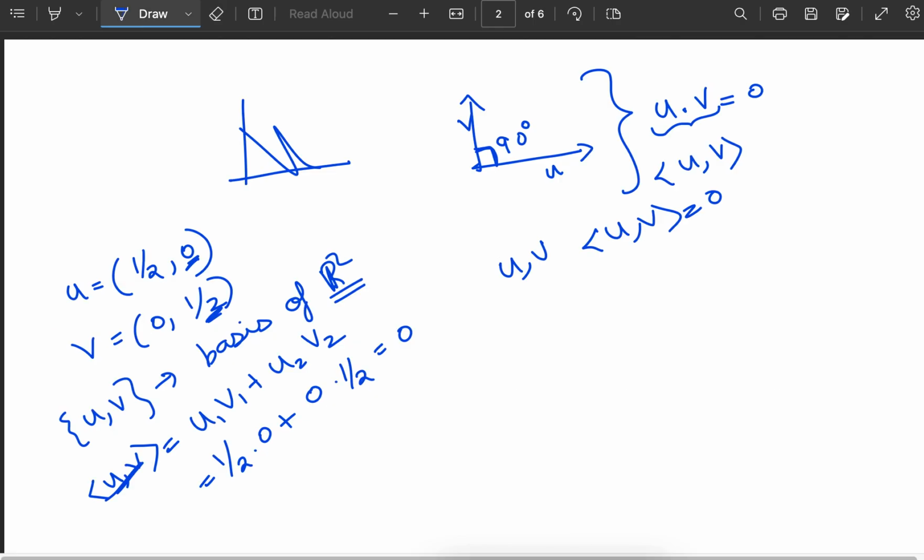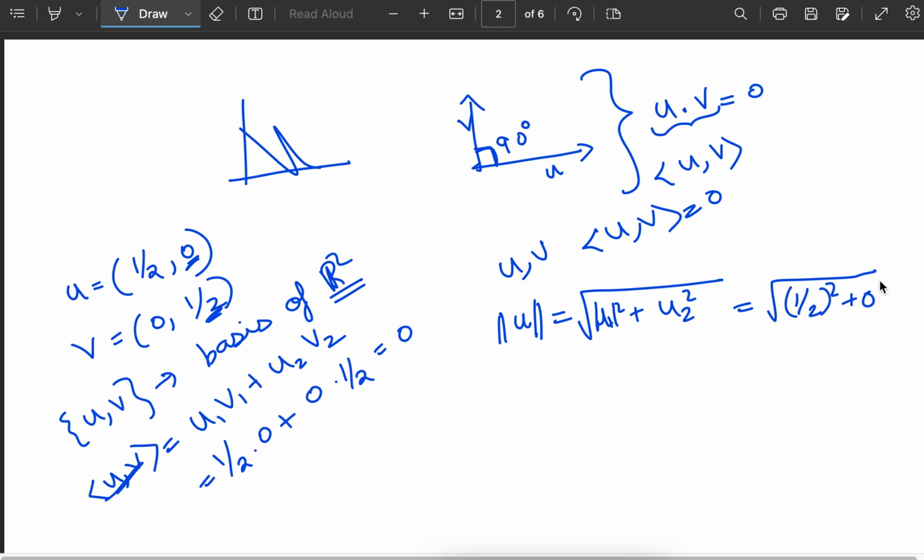But it is not an orthonormal basis. For that, let's consider norm of u. What is norm u? Norm u is equal to the square root of u1 squared plus u2 squared, which is equal to the square root of (1/2) squared plus 0 squared, which is equal to 1/2, which is not equal to 1.